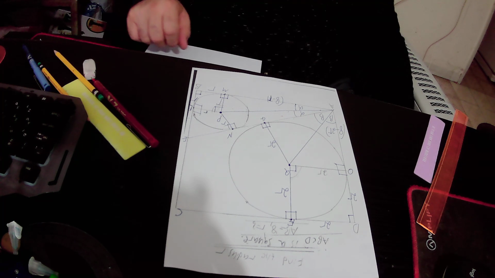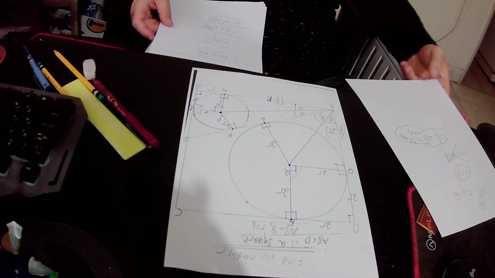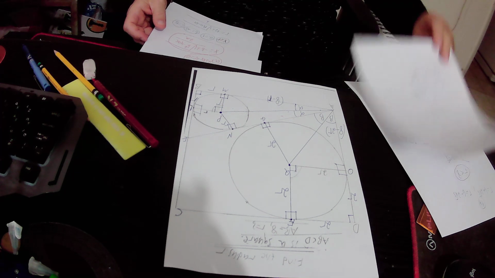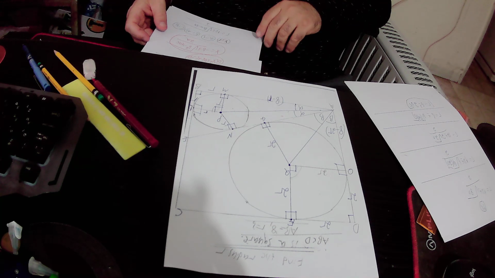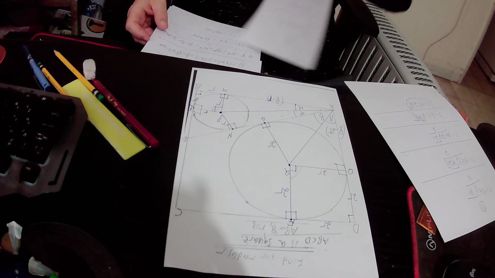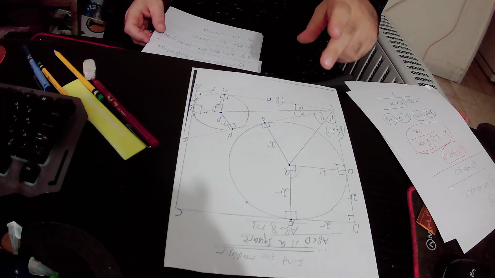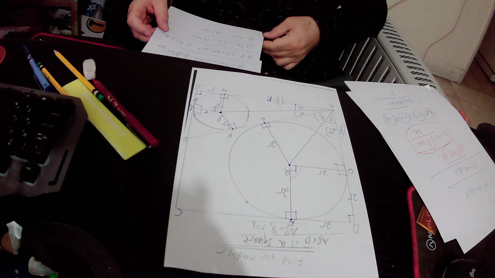So now I will summarize the lecture. Actually, we wanted to find out the radius of this small circle. We have square ABCD, and those two circles are located inside this square.